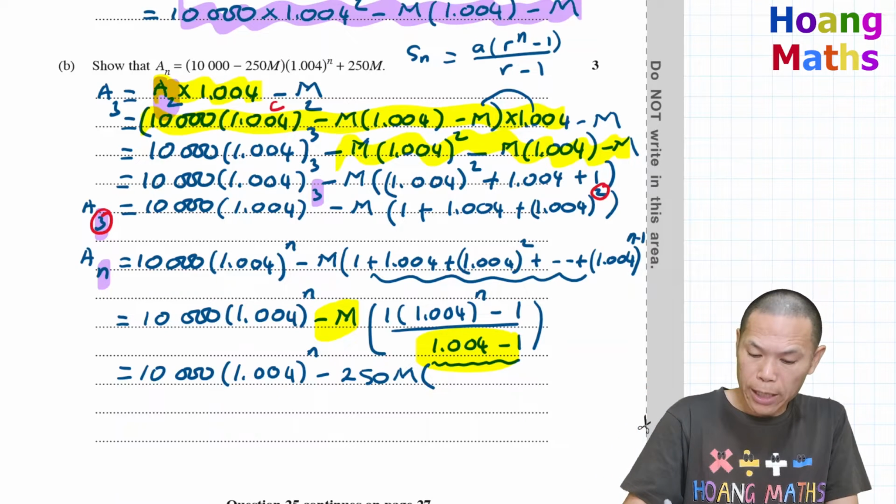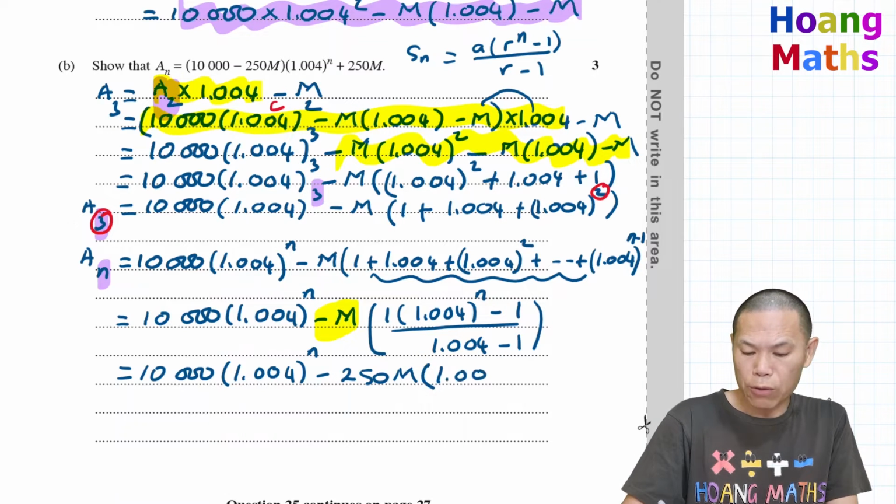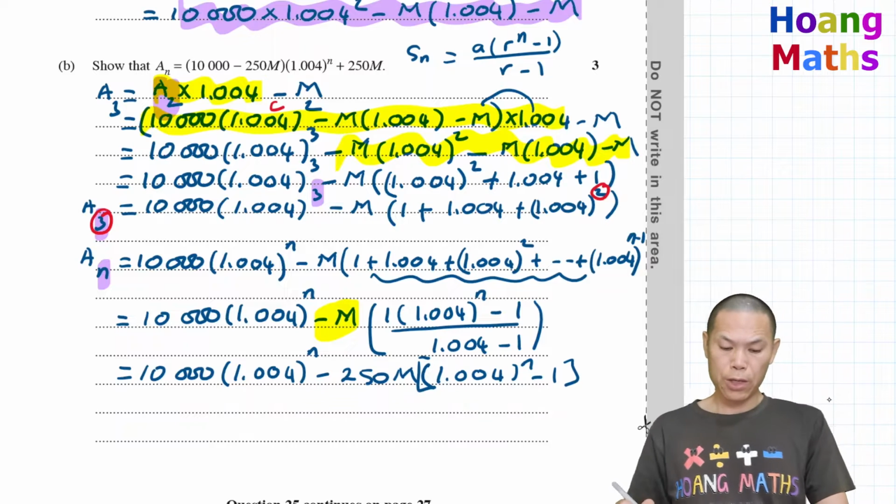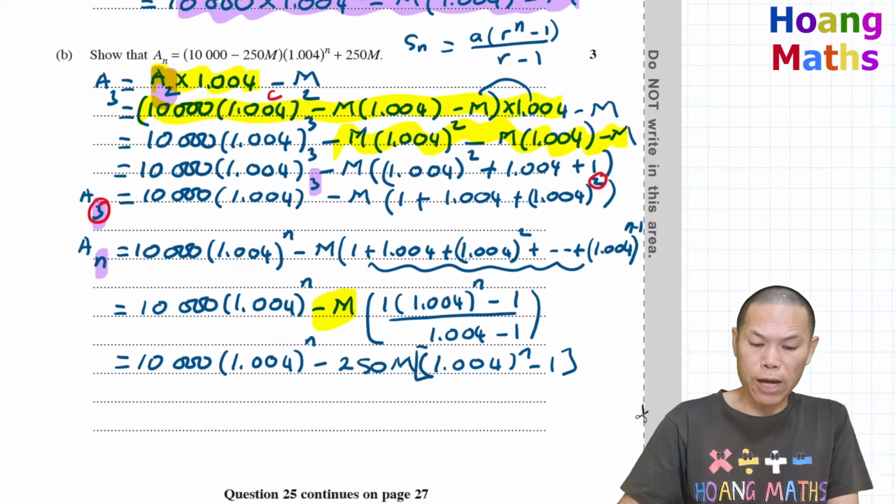So now inside the brackets we have 1.004 to the power of n, and don't forget another bracket inside, so minus 1. What I do, I just remove the brackets.